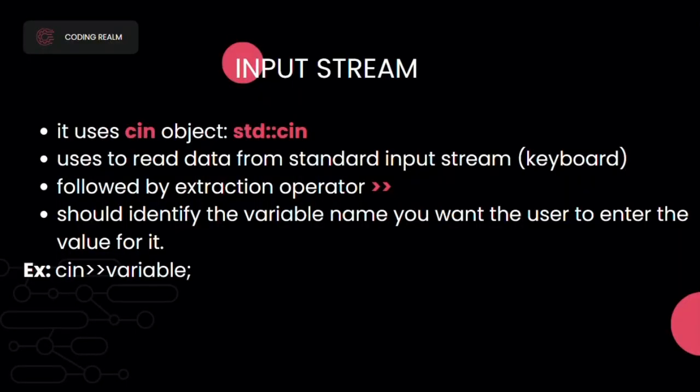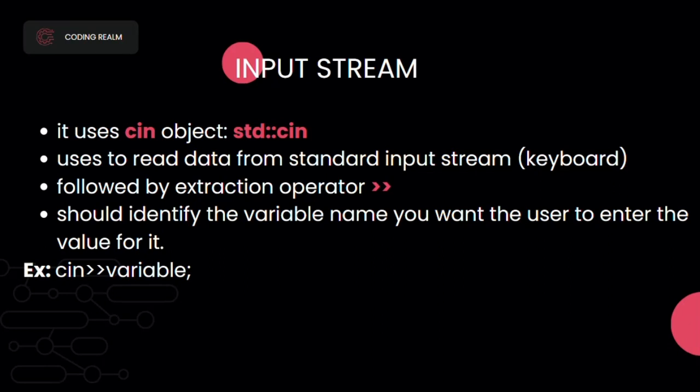Now the input stream. The input stream uses the cin object, std cin. It is used to read data from the standard input stream by using the keyboard. It means I tell the user to add, for example, a variable, a number, an integer, etc. This integer is added by using the keyboard. The cin, or the input stream, is followed by the extraction operator.